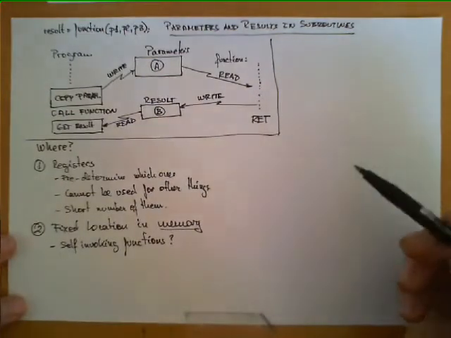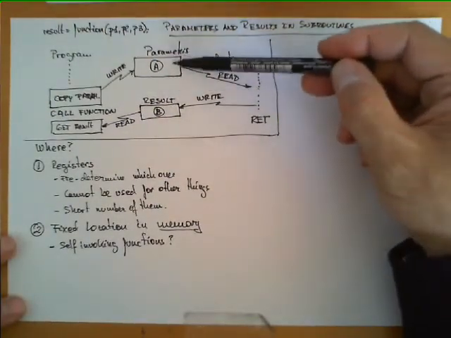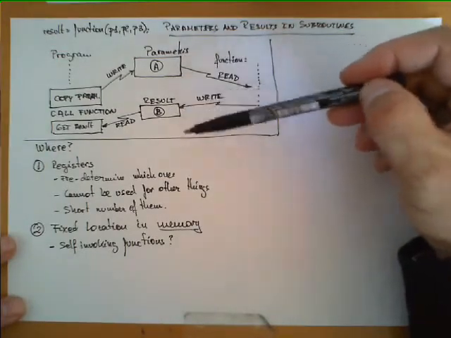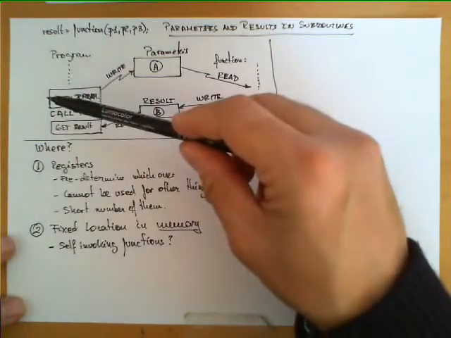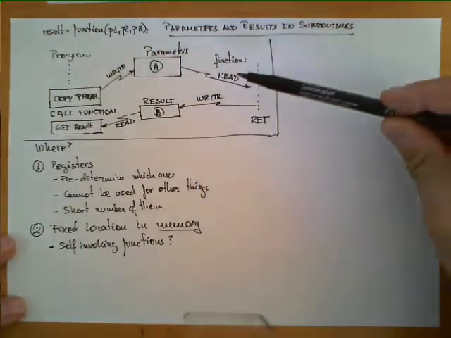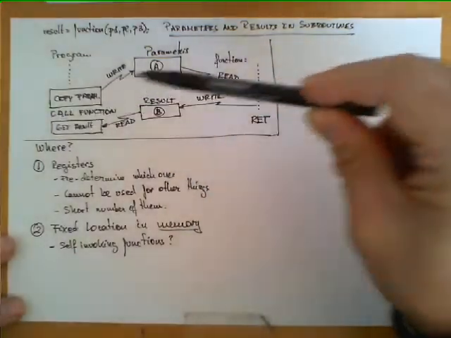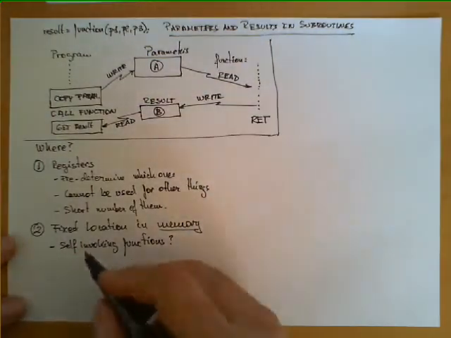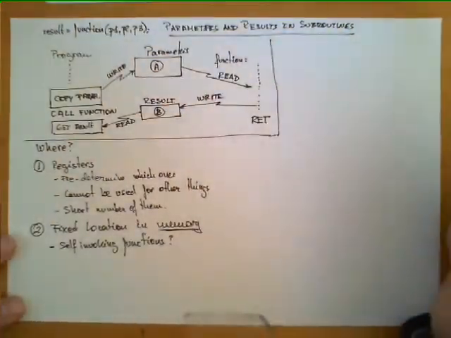For self-invoking functions, we still have a problem because we would need as many copies of these two areas as subroutines are still executing. In other words, if the program calls subroutine A, which calls subroutine B, which calls subroutine C, and so on, for each one of these subroutines that is active, we need a memory location holding this parameter and result.